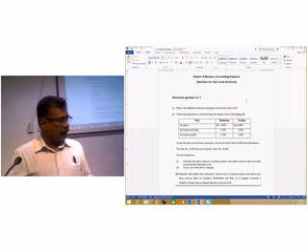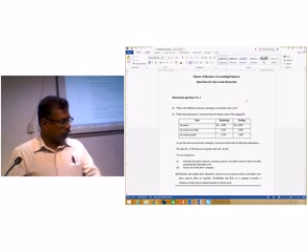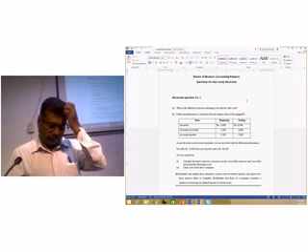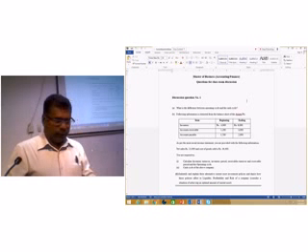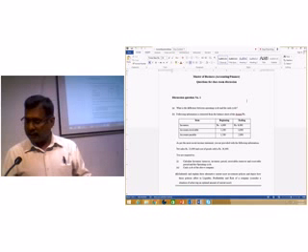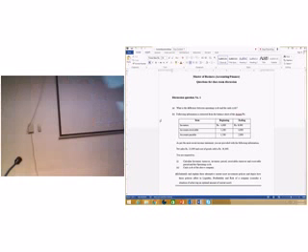Operating cycle is equal to inventory period plus accounts receivable period. Then the second aspect is the cash cycle.